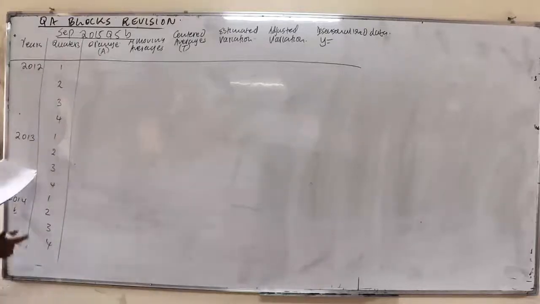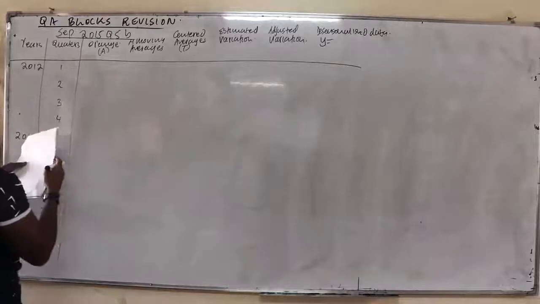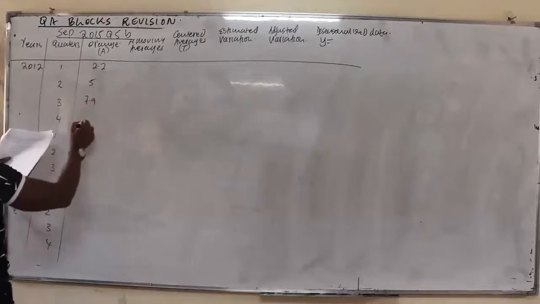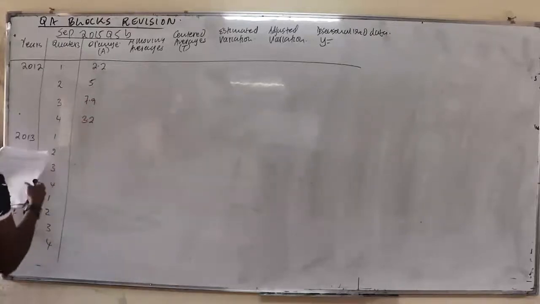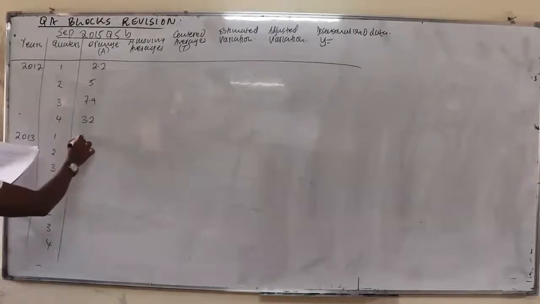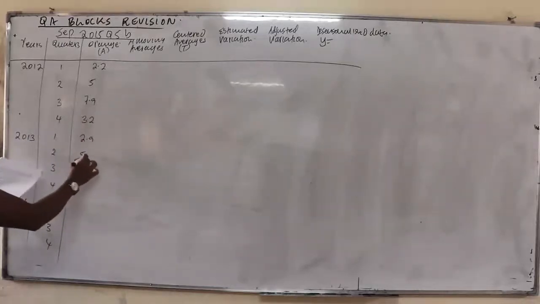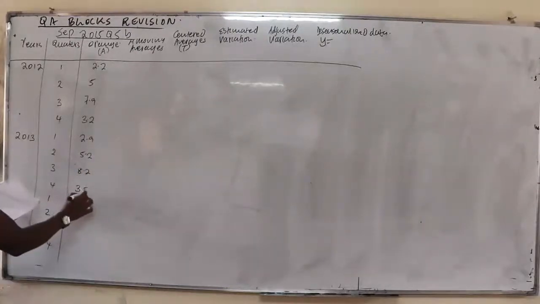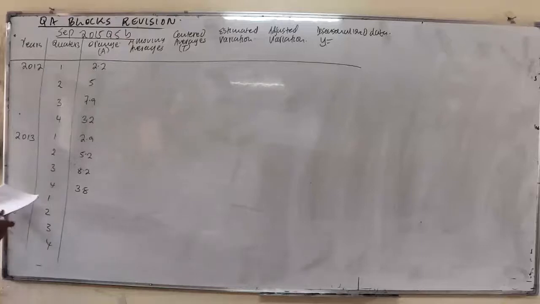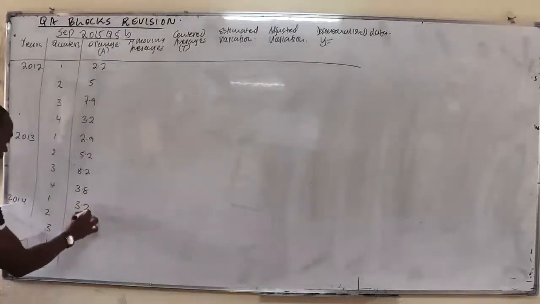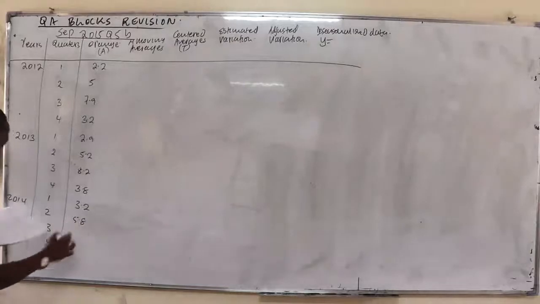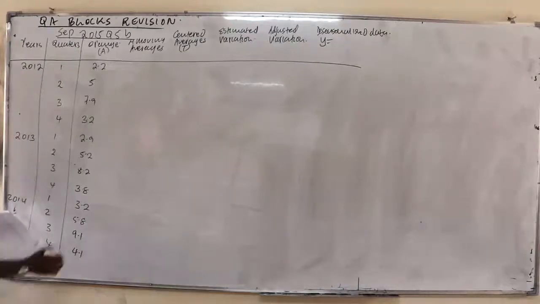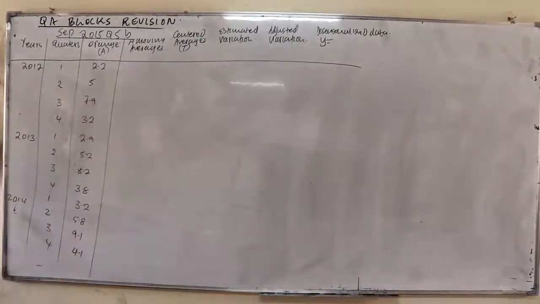Then we have the actual, or the number of oranges. 2.2, 5, 7.9, 3.2. 2013 quarter 1, we have 2.9, 5.2, 8.2, 3.8. And then 2014, quarter 1, we have 3.2, 5.8, 9.1, 4.1. So now let's get the four moving averages.